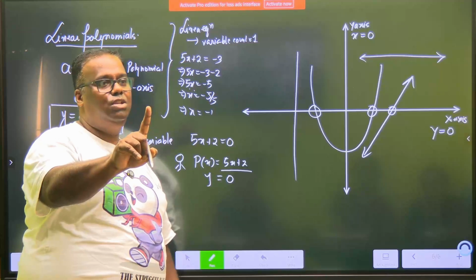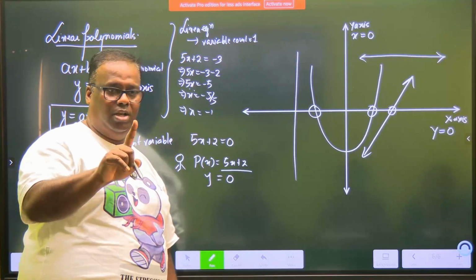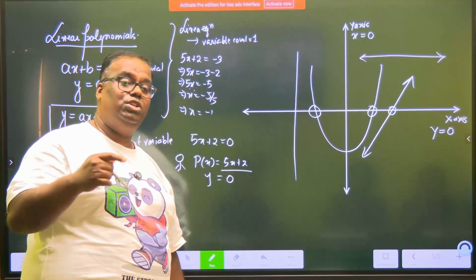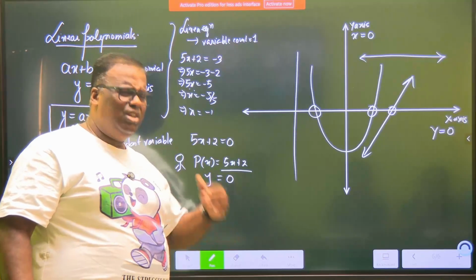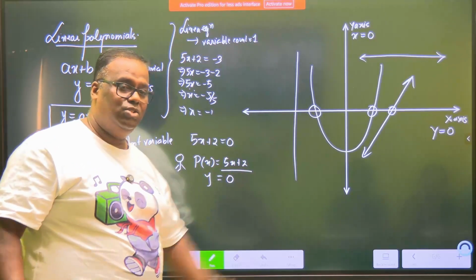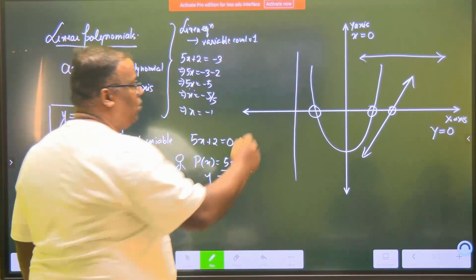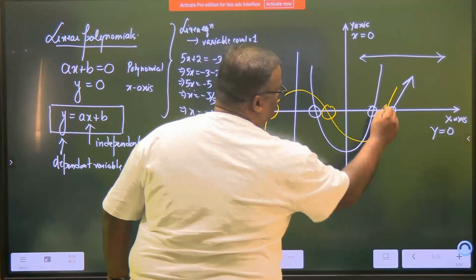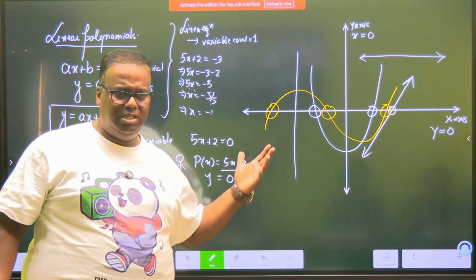Linear's degree is 1. Number of solutions: 1. Quadratic degree is 2, so the number of solutions will be a maximum of 2. Cubic will be 3. Actually, we'll learn 0, 1, 2, 3. So there can be no solution, one solution, two solutions, or three. Whenever it is 3, the cubic graph will go like this. One solution, two solutions, three solutions. We should understand these things.